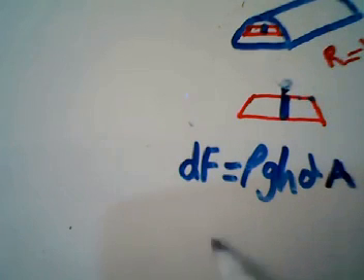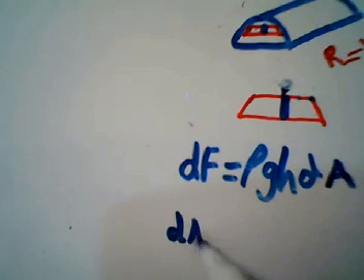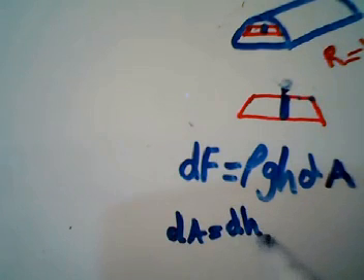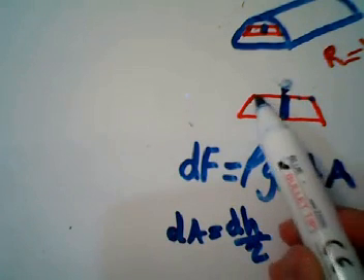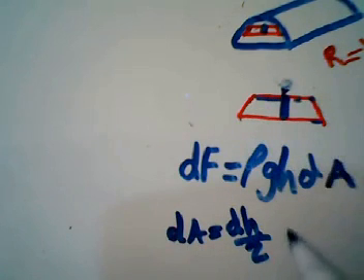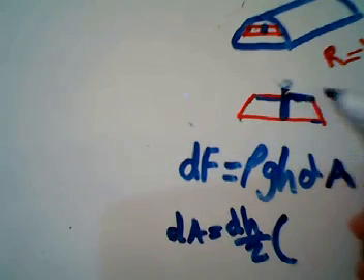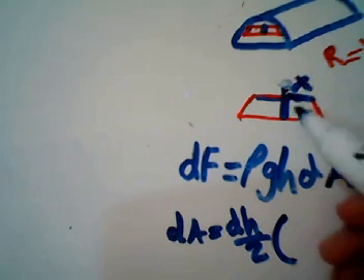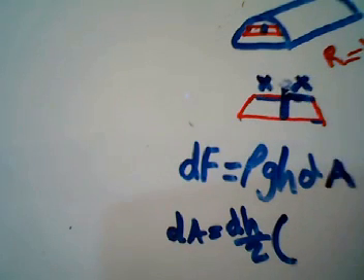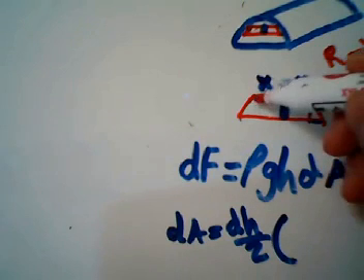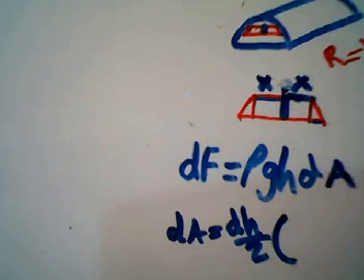So the area dA would be dh over 2 times the sum of these two. And what is the sum of these two? Let's call this from here to here x. This is also x from here to here. Now let's draw these parallel to the blue one.